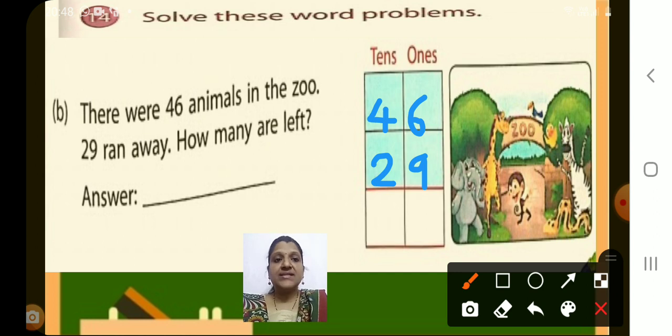To find this, we have to subtract 29 from 46. Now, let us see the numbers in the ones place. 6 minus 9. 9 being the bigger number than 6, we cannot subtract it.